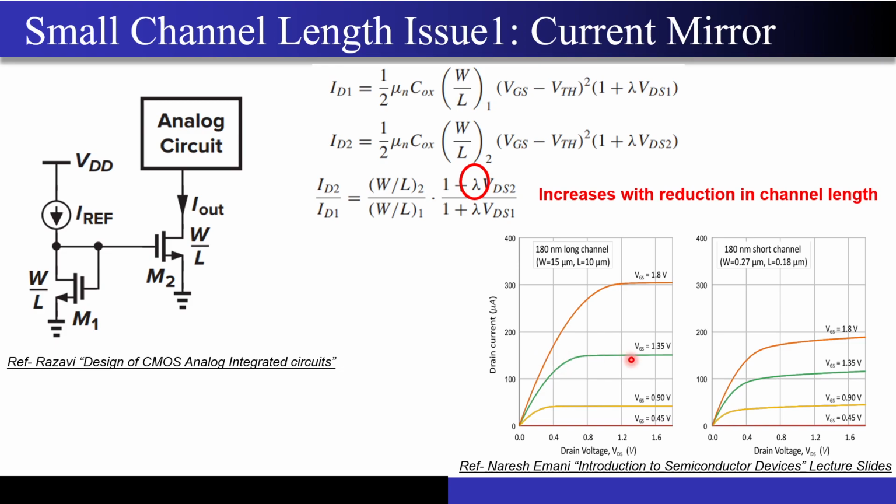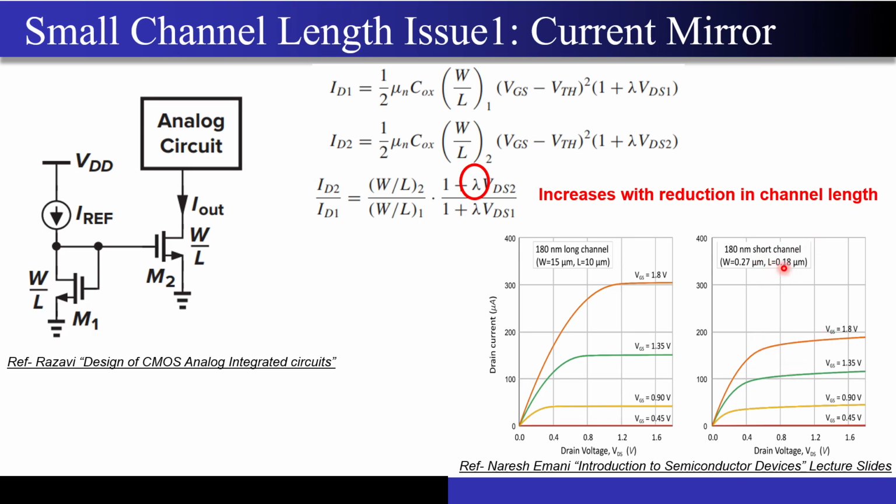So ∂ID/∂VDS, which we define as the output impedance, asks how much change there is in the current if I change my VDS by a particular value. In this diagram it is very close to 0, so the output impedance is infinity.